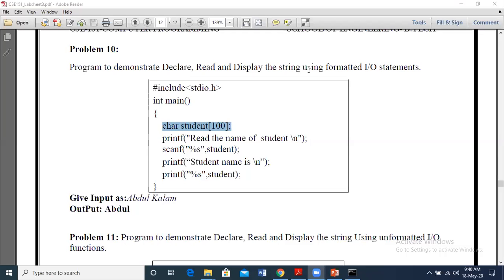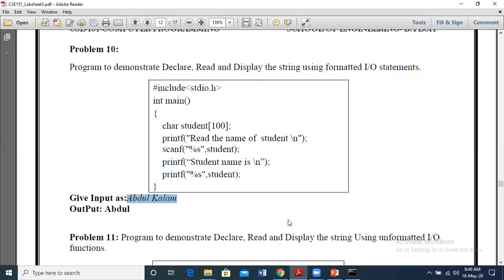That is the string size. And if we give input as Abdul Kalam, what is the length of the string? 11, including the space. Yes.